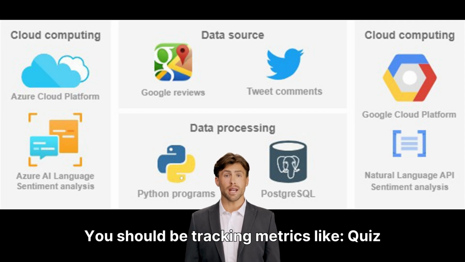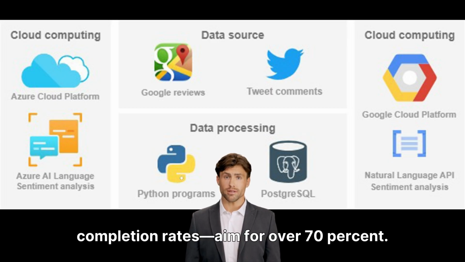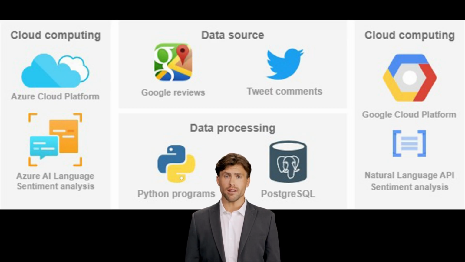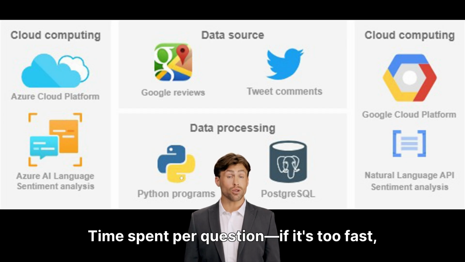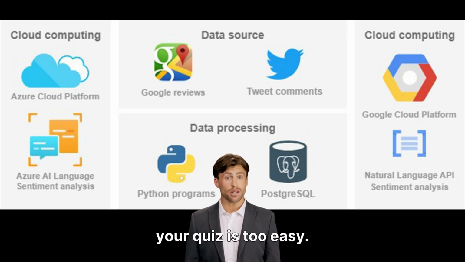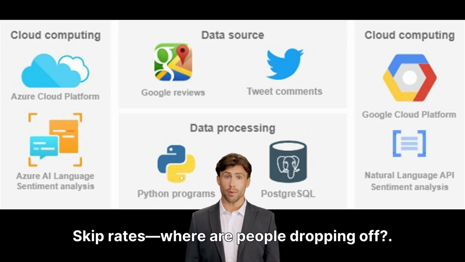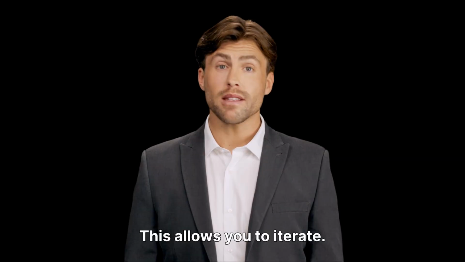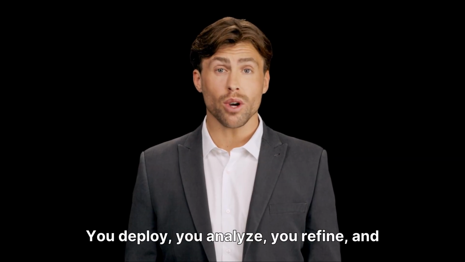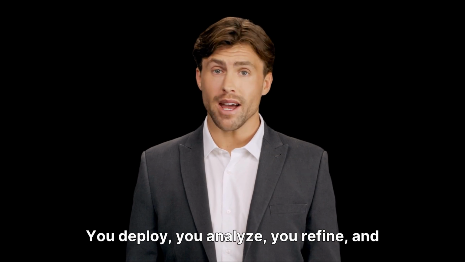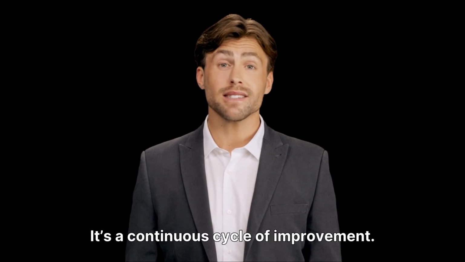You should be tracking metrics like quiz completion rates. Aim for over 70%. Time spent per question. If it's too fast, your quiz is too easy. Skip rates. Where are people dropping off? This allows you to iterate. You deploy, you analyze, you refine, and you redeploy. It's a continuous cycle of improvement.